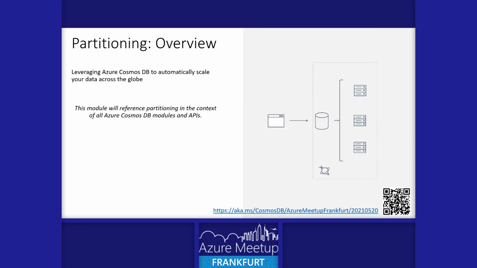The way the routing to the right physical instances works is that the partition key is a certain property in your document. You can define which one it is, and then the hash value of whatever the value of that property is used to define where your data is located.